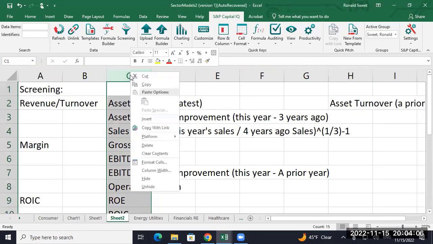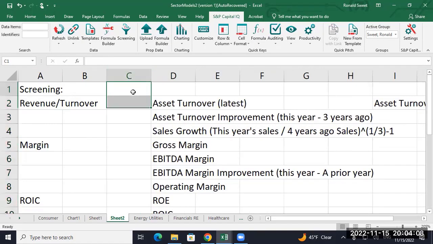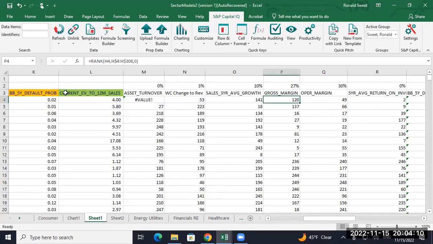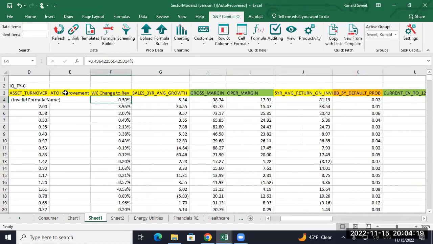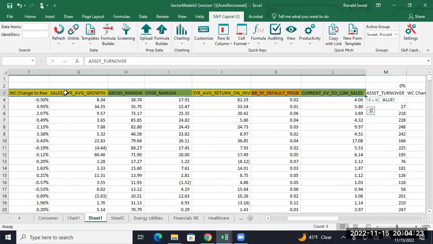And then what you're going to do is rank each of these. So if you look back at the sheet, there's our companies. I don't have the company name set up. I've got what I'm ranking, and then I have the ranking.